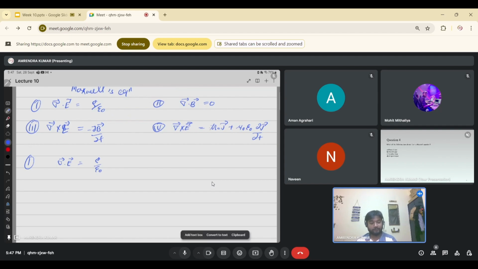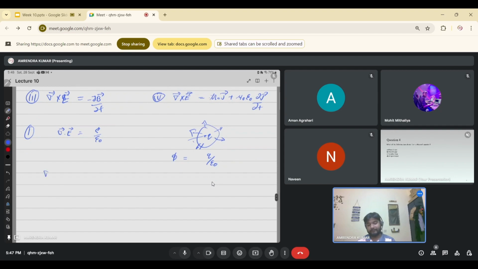If you have any Gaussian surface that encloses some charge Q, the electric flux passing through it will be equal to Q over epsilon naught. And the flux was given by the divergence of E.